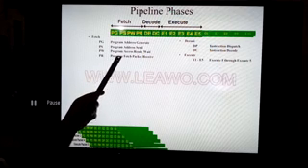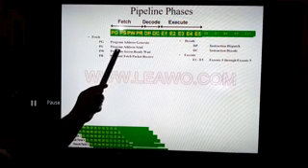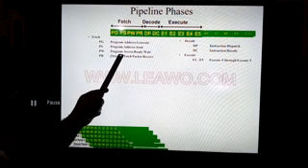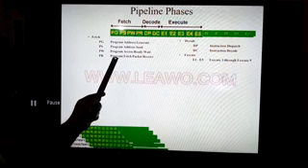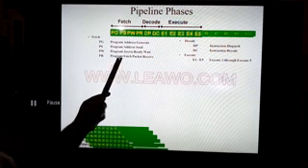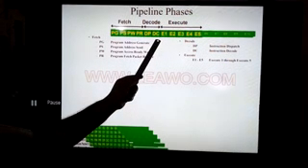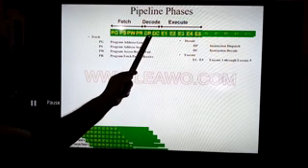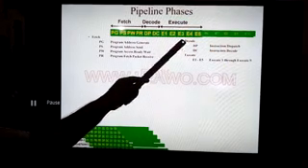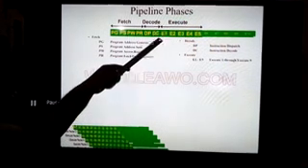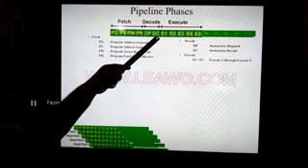Fetch has 4 phases: program address generate, program address send, program access ready wait, and then program fetch packet received. After receiving, decoding starts, and before decoding comes the instruction dispatch. Instruction dispatch means the packet that is received is split and then sent to the different functional units, but before that the decoding takes place.